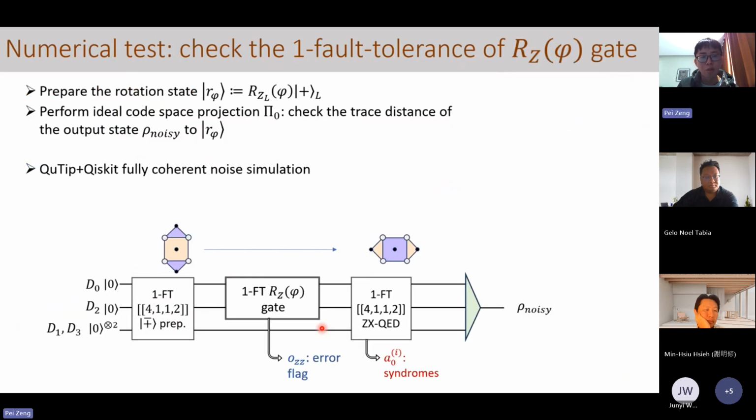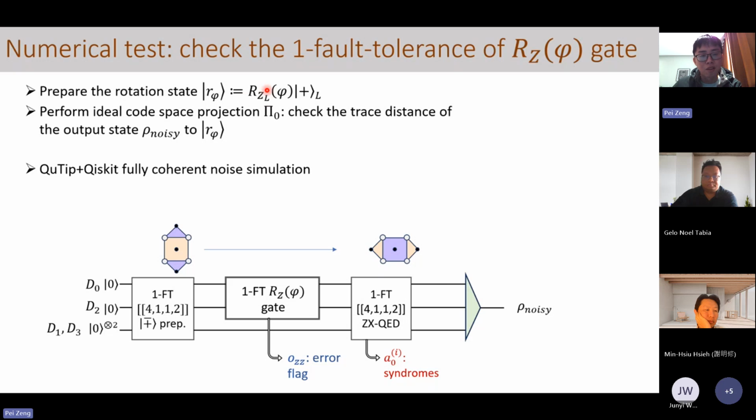So we also perform some numerical tests to show that our circuit, our gate, is actually one fault-tolerant. This is the 412 code. The target is to prepare this rotation state.